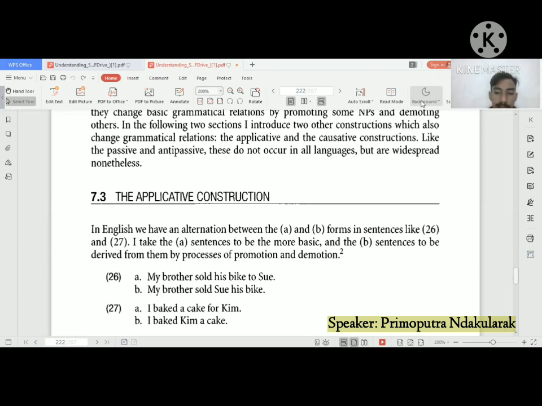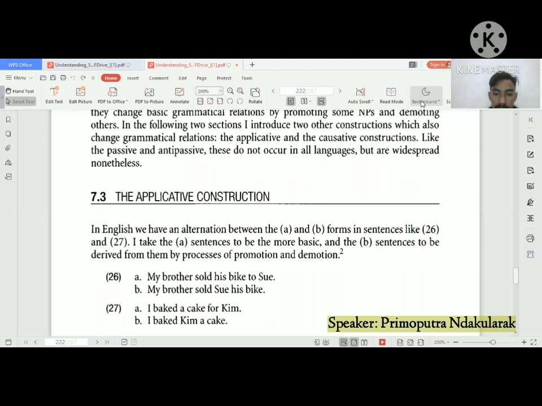In the B sentence, the NPs Sue and Kim have been promoted to direct object position, immediately following the verb in English, and the original direct object is demoted to become a second object.